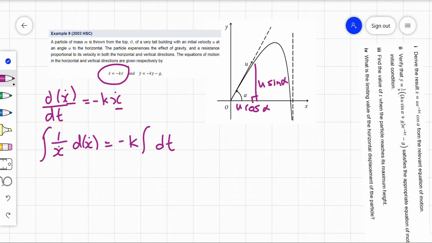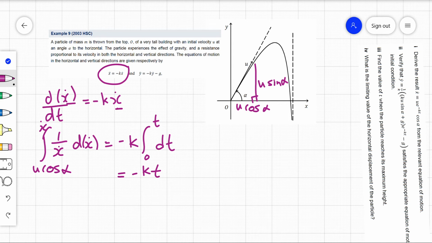So our initial velocity is u cos alpha, and we're going to some value of the velocity, so up to x dot. All right, so over this side it's nice and easy. We're just going from 0 time to some time, so minus kt over this side.